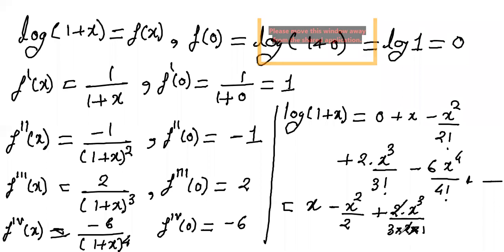The 2 will cancel. Minus, so directly I can write x to the power 4 upon 4, because numerator is 6 and denominator is 4 into 3 into 2. So 3 into 2 will cancel with 6. X to the power 4 upon 4 will remain.